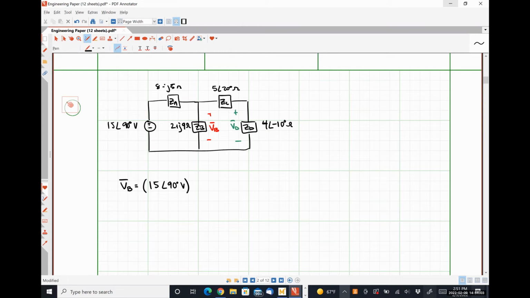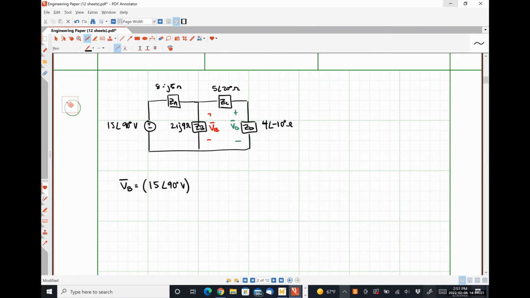So in the numerator of my voltage division equation, I want the impedance that I'm trying to find the voltage drop over, which is the parallel combination of ZB in parallel with ZC plus ZD.